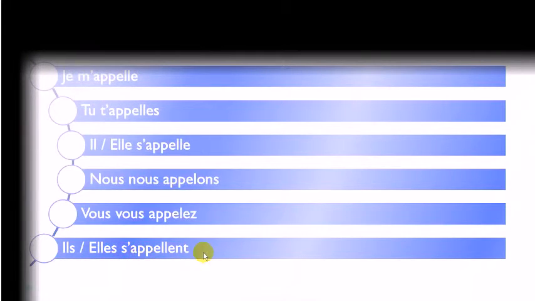And the last ones, il s'appelle, elle s'appelle. One thing you should remember: for nous and vous, we've got only one L, like in the infinitive form. That's the reason why I pronounce appelons, and appeler.